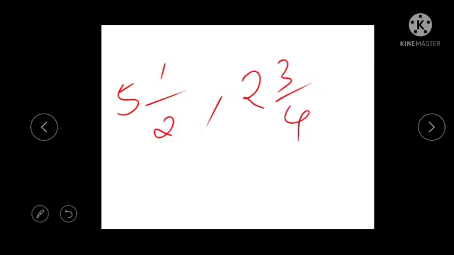The fractions are 5 1/2, then 2 3/4, then 10 3/5. All of you convert these three mixed fractions into improper form and attach them in Google Classroom.